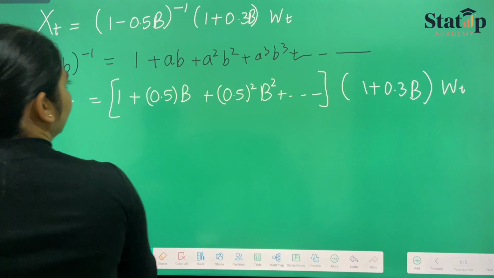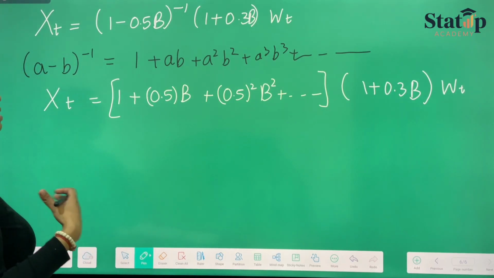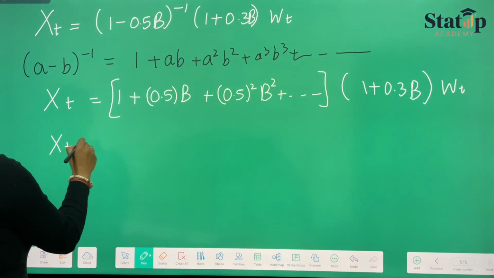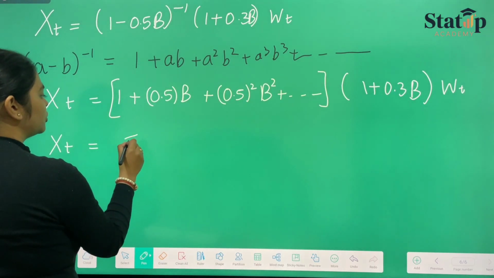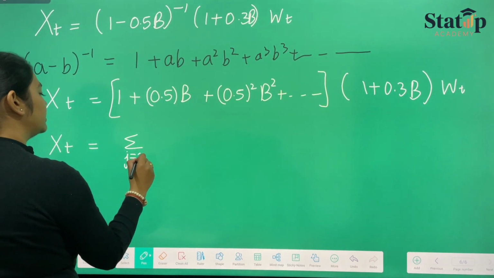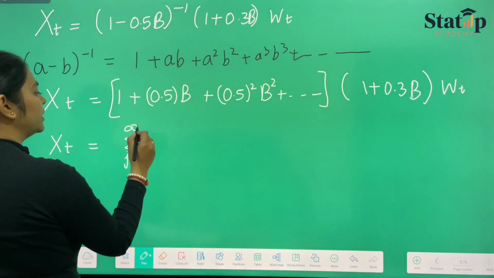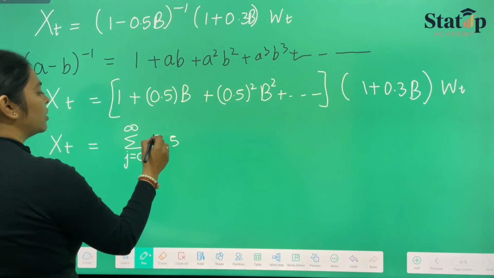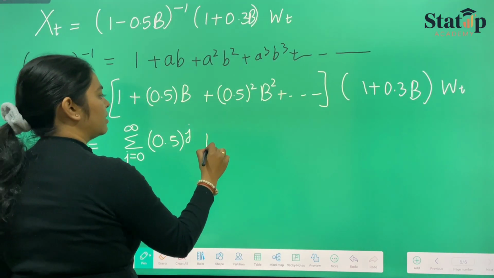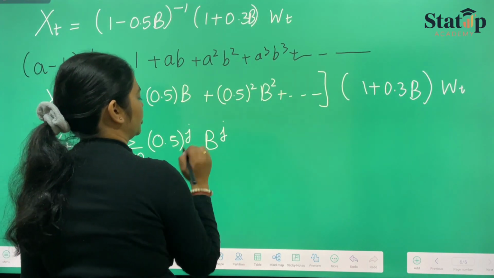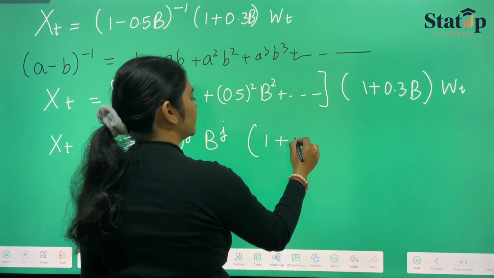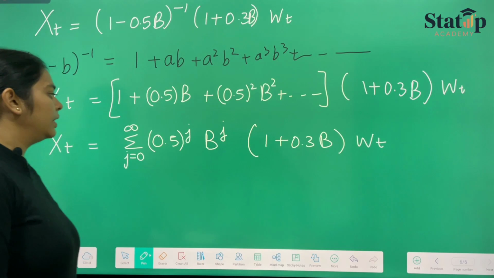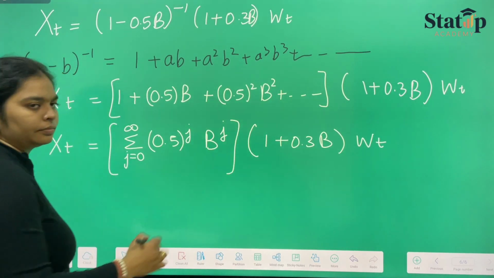Now if we multiply this with 1 and then 0.3, I can write this as xt equals summation of j goes from 0 to infinity 0.5 raised to the power j and b raised to the power j into 1 minus 0.3b wt. This can be written like this.